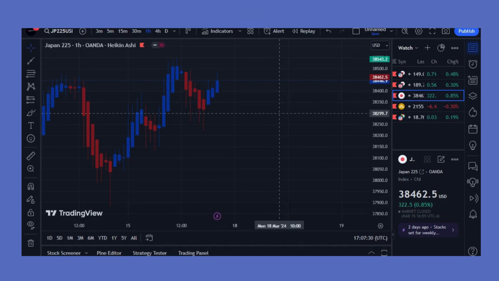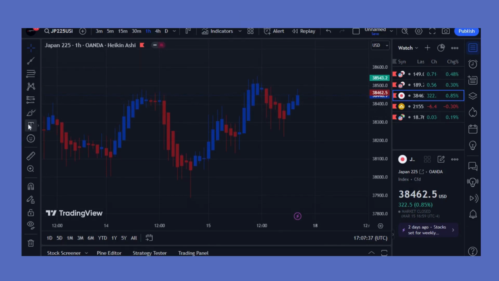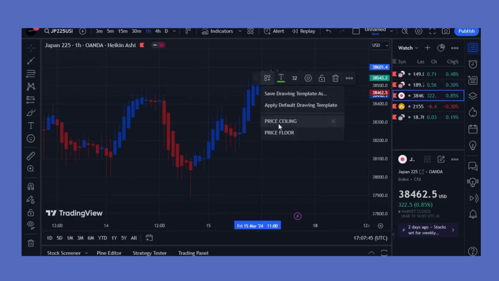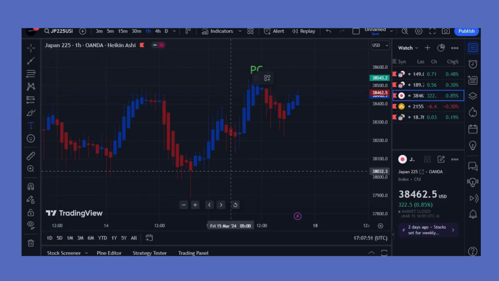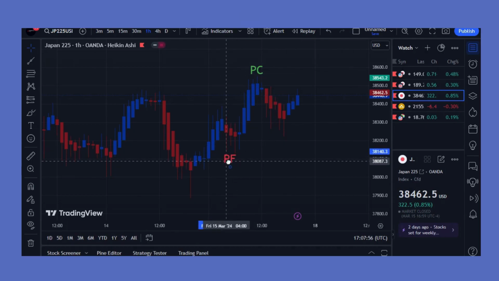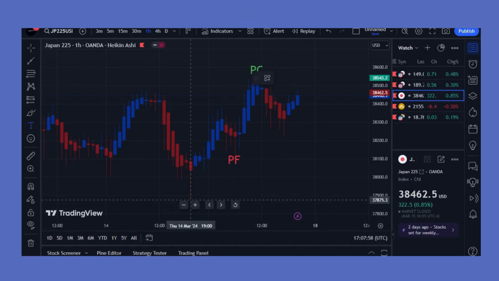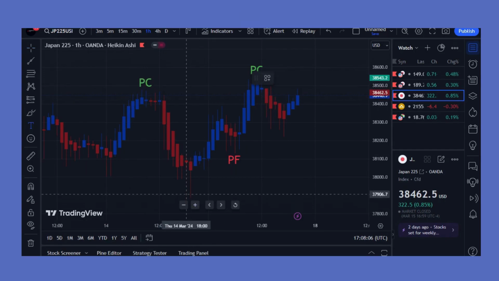Okay, start identifying our price ceilings and price floors. Price ceiling, price floor, price ceiling, price floor.